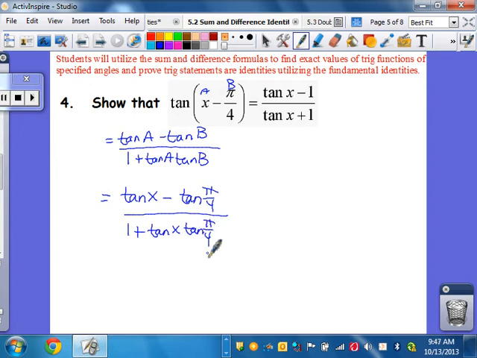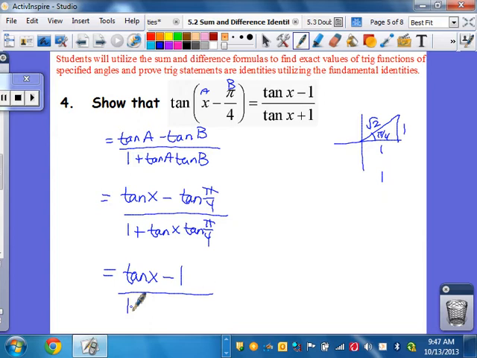So I've dumped all that in. The only ones that we can't change are the x's. The only thing we can change are the pi over 4s. Well, pi over 4 is 45 degrees. That's a 1, 1, square root of 2. What's tangent there? Opposite over adjacent is just 1. So everywhere I see tangent pi over 4, I can rewrite it with a 1. So tangent x is staying, minus 1, over 1 plus tangent x times 1, which is just tangent x.